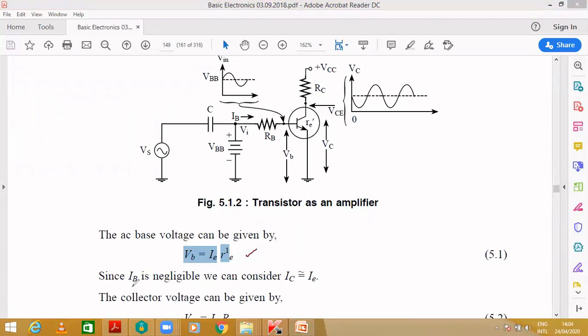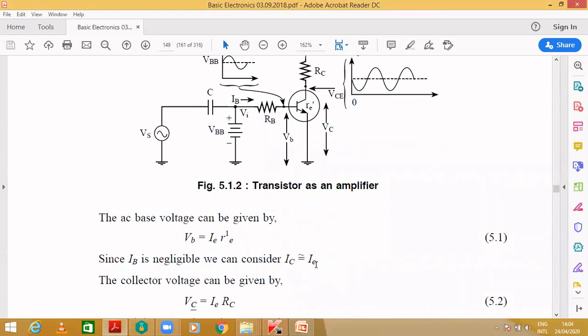So next, since IB is negligible because it is given in microamps. The amplifier is nothing but, if you give a weak signal over here, it will be amplified and you will get a strengthened signal. So hence it is a very small voltage you are going to give. That's why IB is neglected.